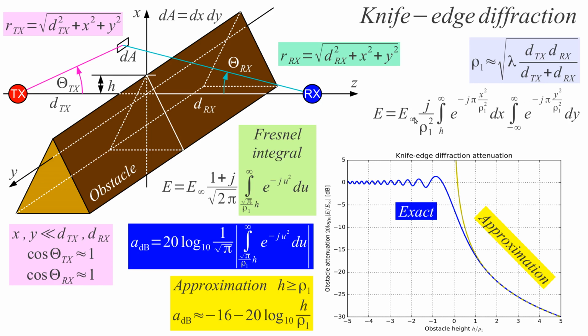The phase is accounted here, and the whole equation is now normalized to the first Fresnel zone, the radius of the first Fresnel zone. If we calculate the integral from minus infinity to plus infinity of these small sources on our aperture, we are only left with the vertical integral, and this vertical integral is here.